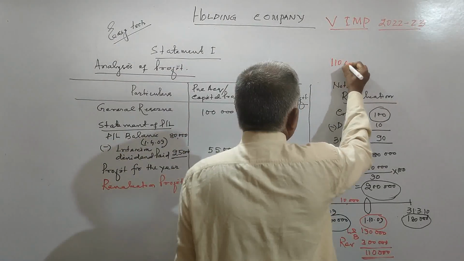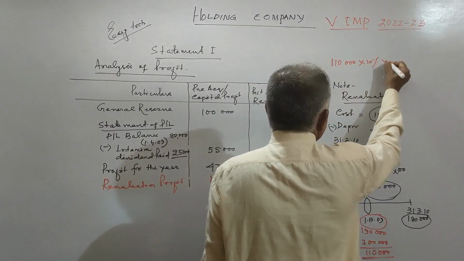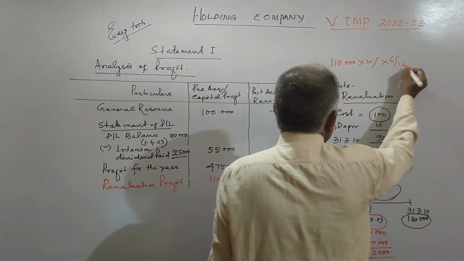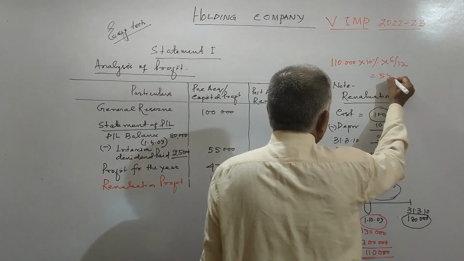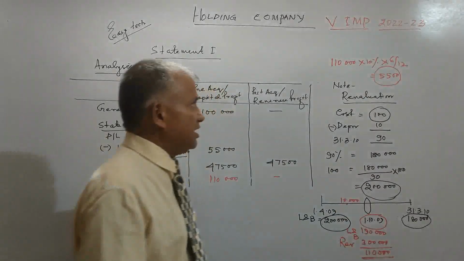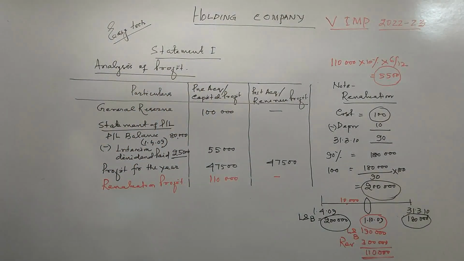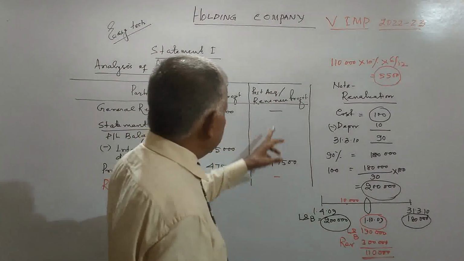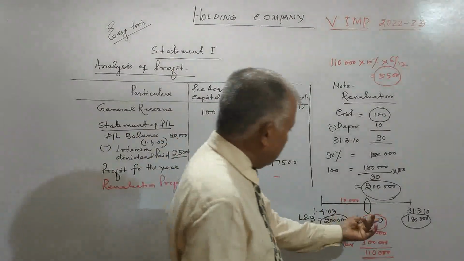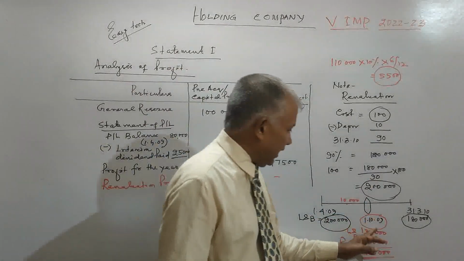So 1,10,000, 10% depreciation for 6 months, it is 5,500. This is the extra depreciation the company has to provide in the post-acquisition period, because the date of revaluation is 1/10/2009.